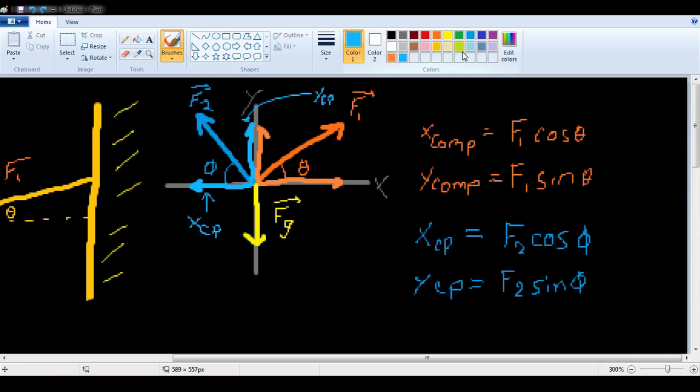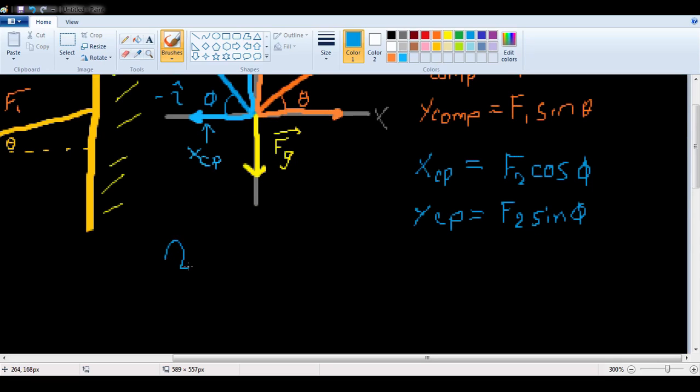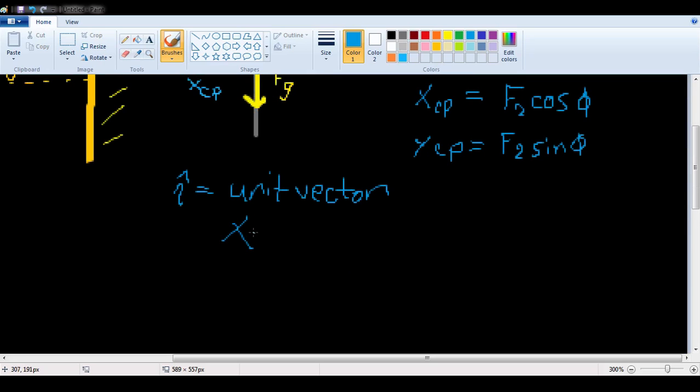If you wanted to write this as a vector, you would recognize that this is the negative x direction, and i hat, if you don't know, is the unit vector in the x direction.